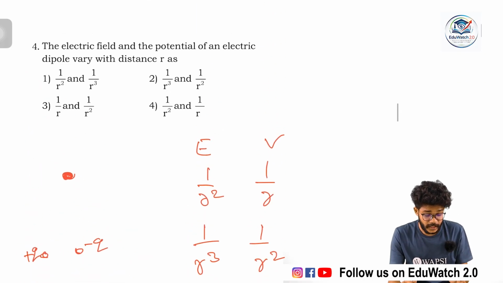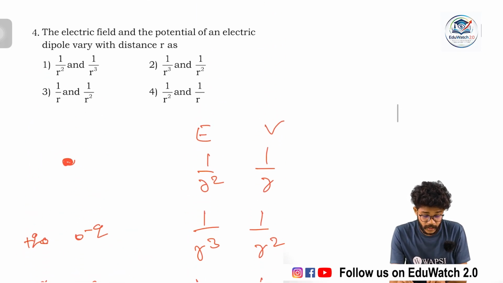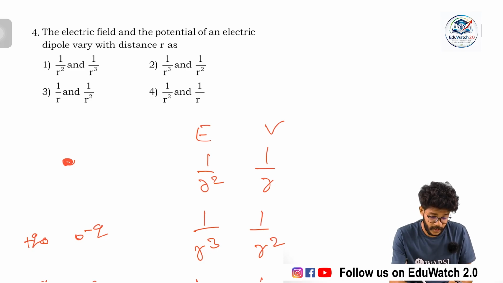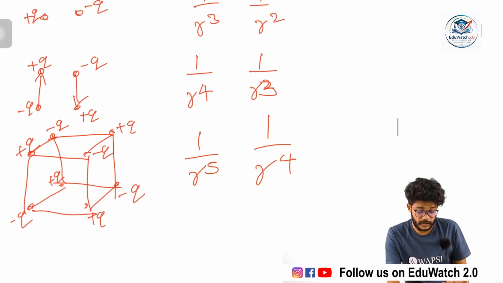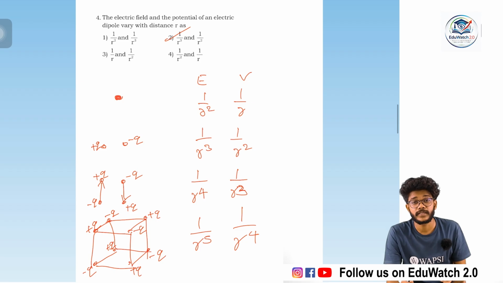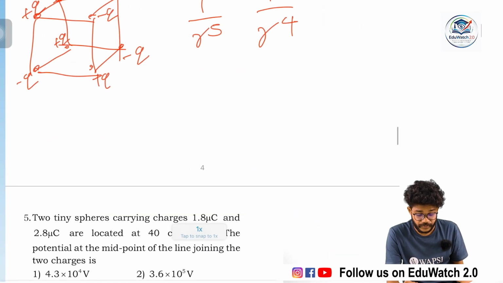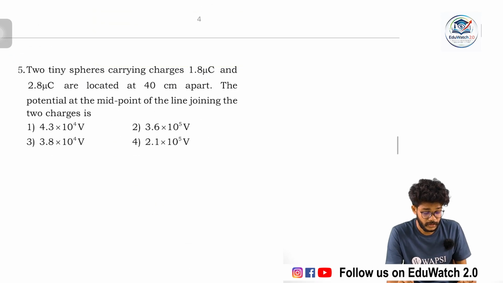So for the dipole, the electric field is 1 by r cube and potential is 1 by r square. So option 2 is the correct answer. You must study this data, this will help you in the exam. Then we can move to the next question.